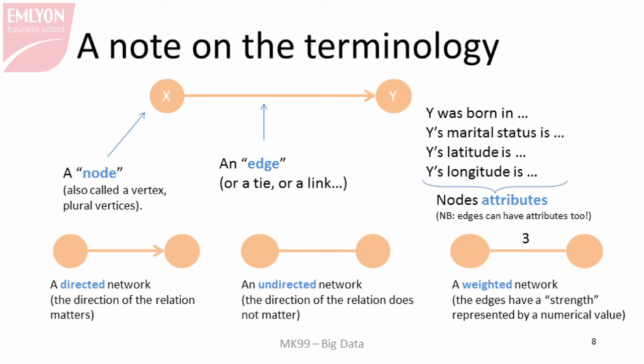Very often we are interested not just in the fact that two nodes are connected, but in the fact that the connection has a direction. So for example, I'm connected with somebody on Twitter, but there is actually a direction to this connection. I follow this person. So visually you would put an arrow to this connection, but even if you don't visualize the network, you can still take the direction of this connection into account.